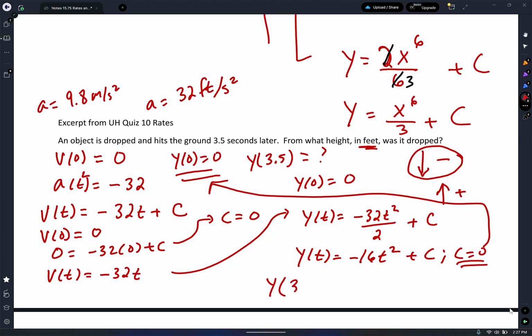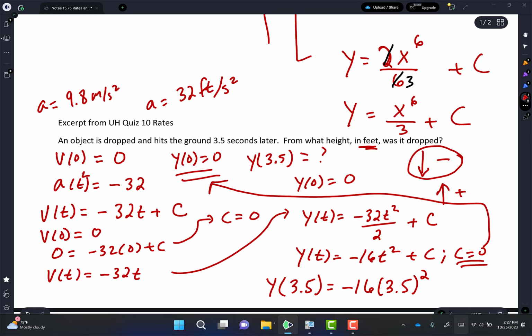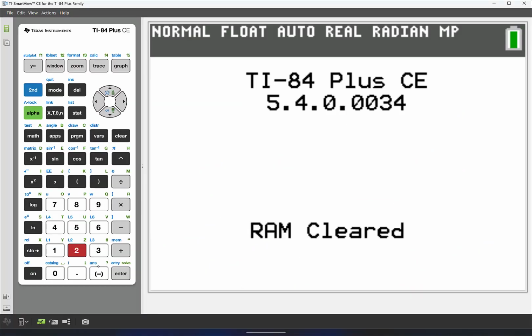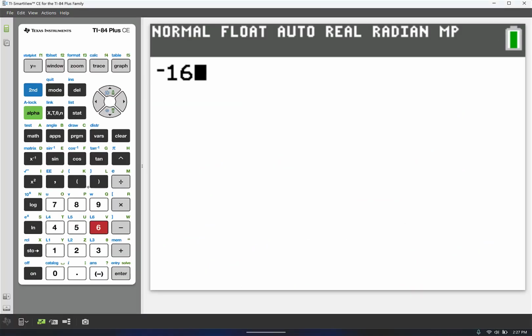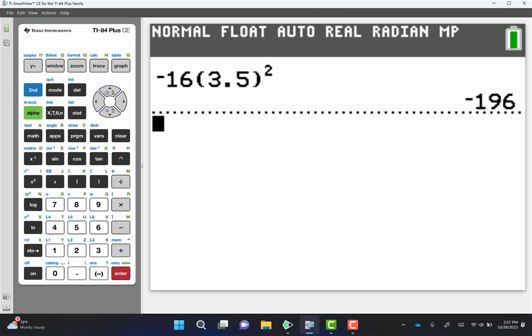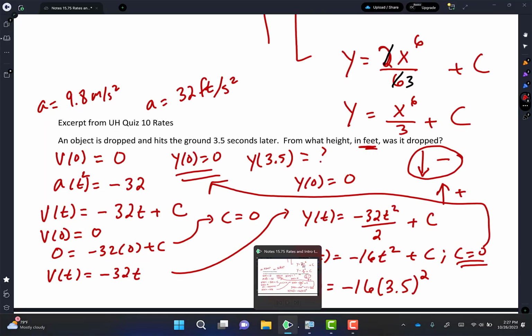y of 3.5 equals, take your calculator, go negative 16 times 3.5 squared. So I take my calculator, and I'm going to go negative 16, parenthesis, 3.5, close it, squared, enter, and I get that number, negative 196. This is my position on the y-axis of this item because I went down.